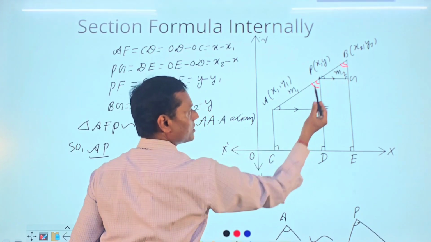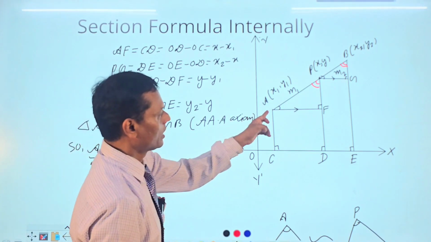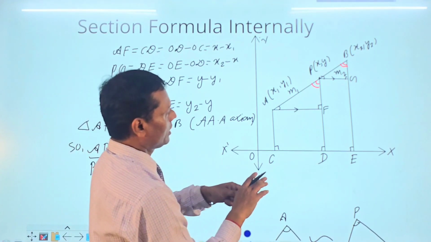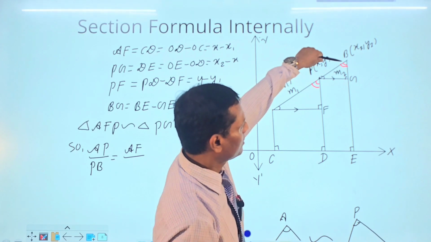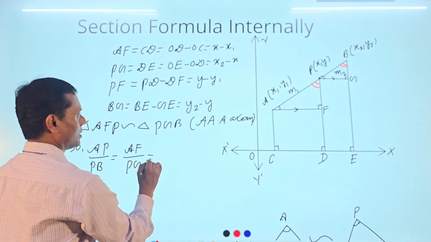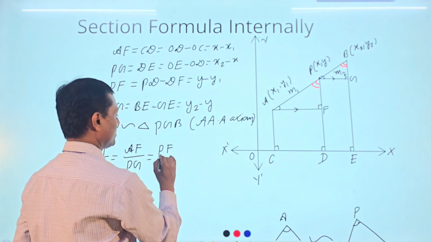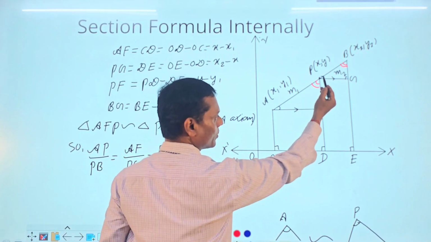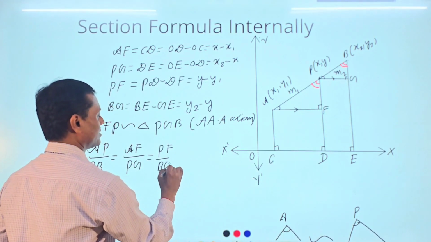Its opposite is PB. We write here AP over PB equals AF over PG. AF, this angle equals that angle, and opposite to this is PG. And the last one is PF over BG. Opposite to PF is angle A here, and this angle is equal to here, you can see, and opposite to it is BG.